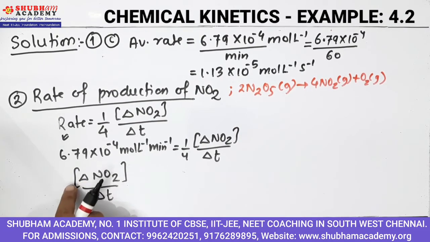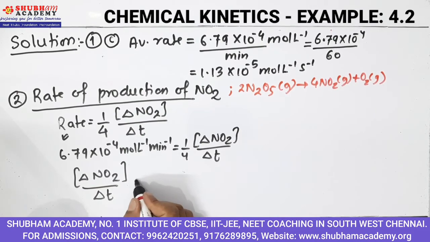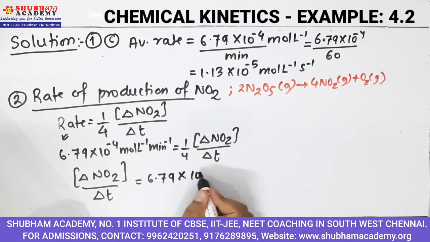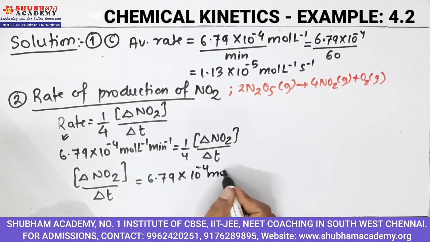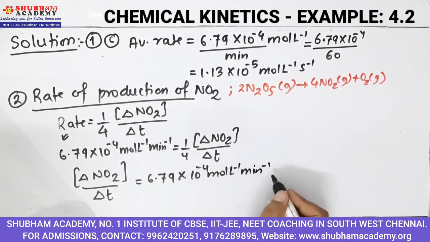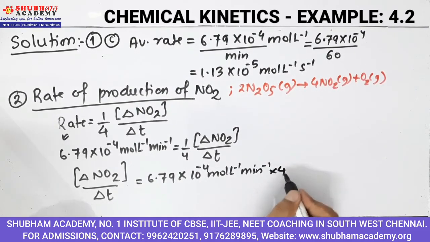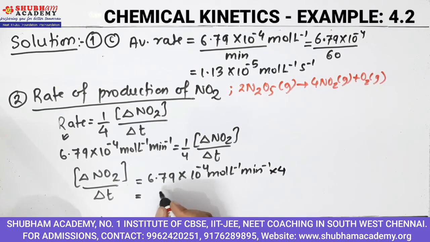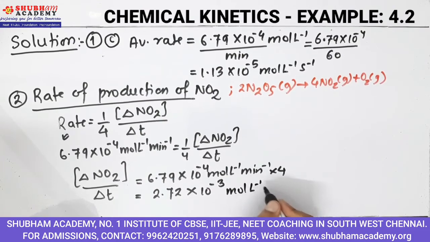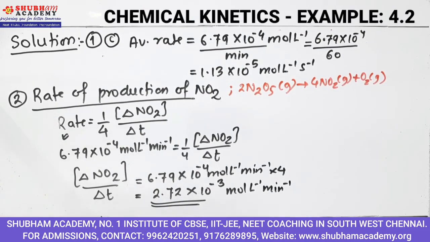So, change in concentration of NO2 becomes equal to 6.79 into 10 power minus 4 mole liter inverse minute inverse into 4, right. So, this becomes 2.72 into 10 power minus 3 mole liter inverse minute inverse. So, this is the final answer of second part.